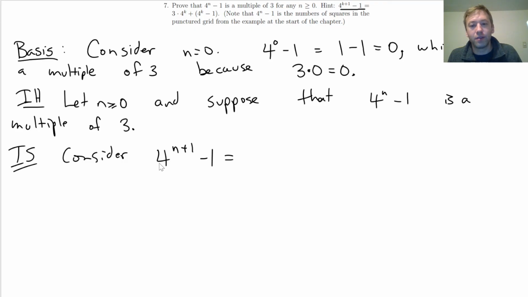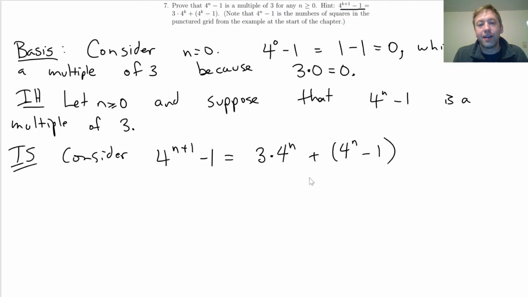So 4 to the n plus 1 minus 1 is 3 times 4 to the n plus 4 to the n minus 1. And you can see why this is true if you do some algebra, but you can also just say perhaps by the hint in this case, because that's what the hint tells you.